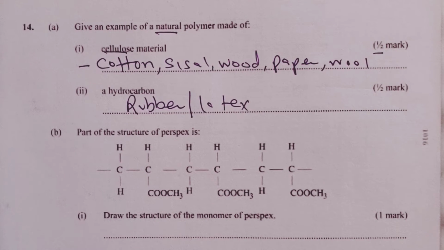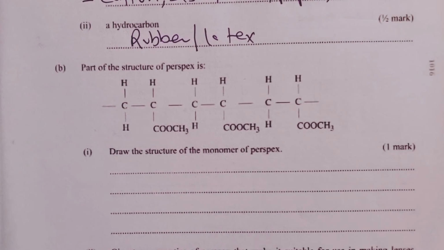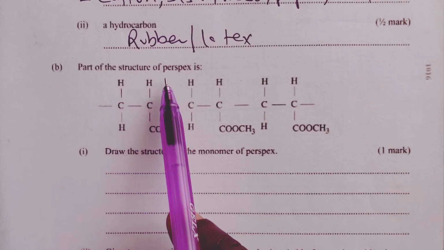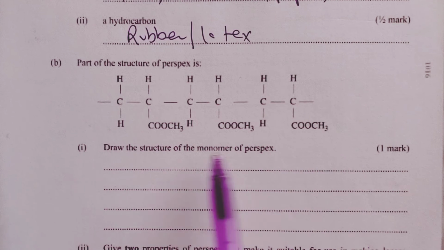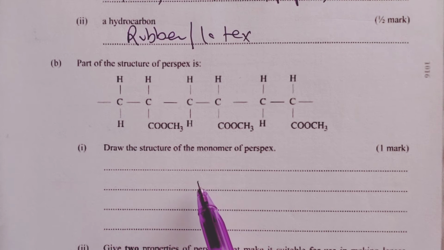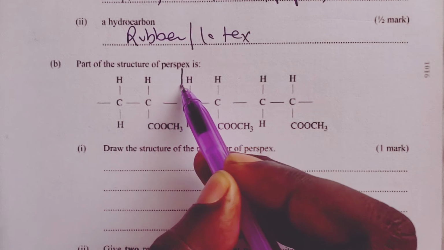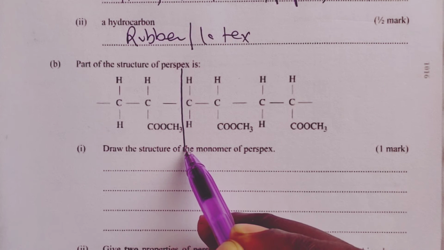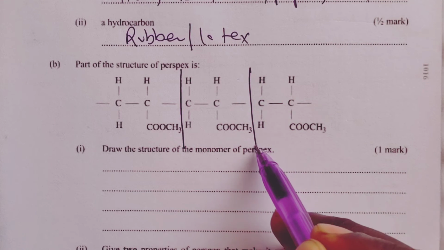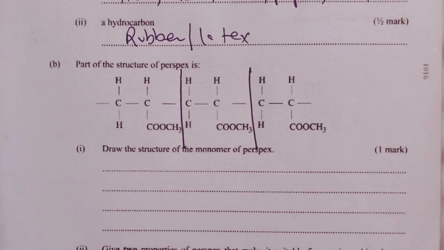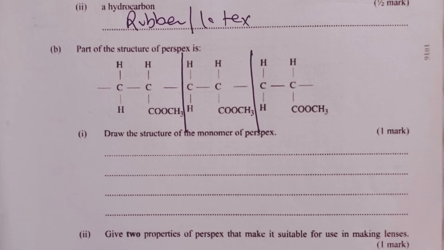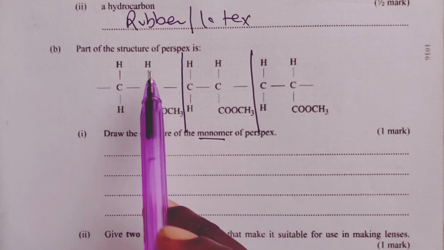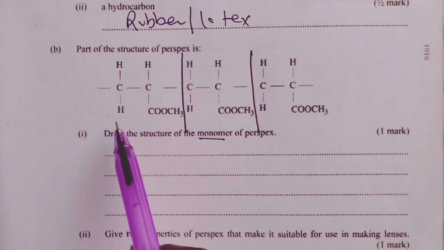B, we are told that part of the structure of perspex is shown here. So for this one, we have 3 repeat units. Up to here is a repeat unit, and up to here is another one. So we are now told to draw the structure of the monomer. Very easy. A candidate was expected to just identify the repeat unit.